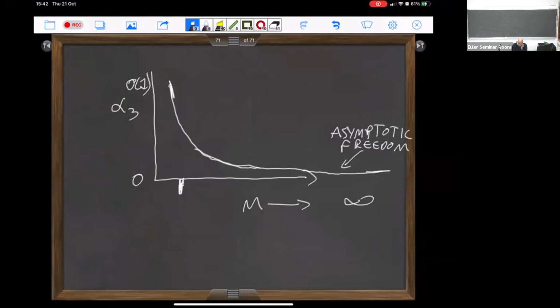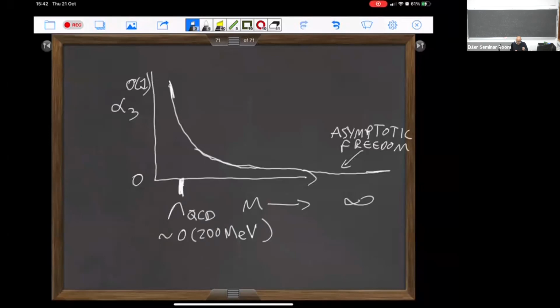So the strong force has this property that at some particular scale, which is of order 200 MeV approximately, the interactions become very, very strong.